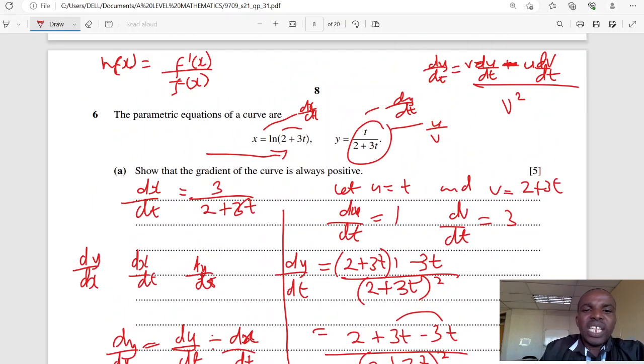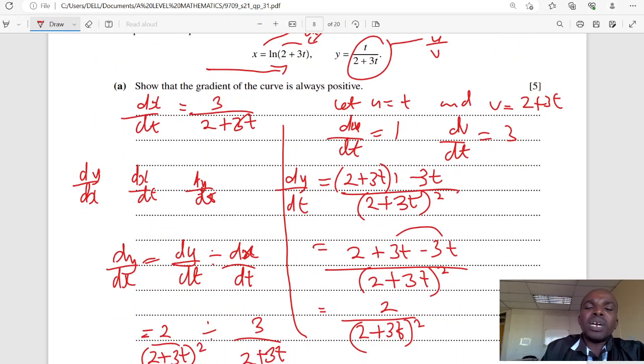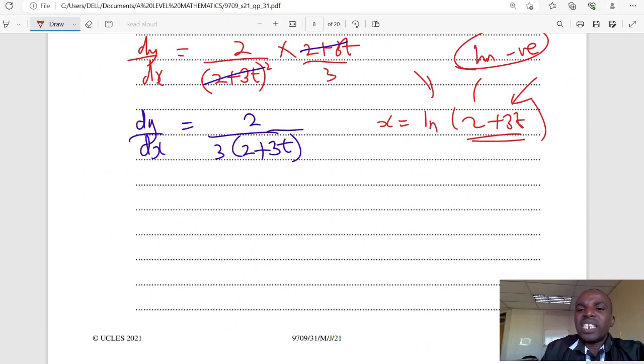They said show that the gradient of the curve is always positive. Because there's no ln of a negative number, it means inside here, 2 plus 3t, t must not be a number that will give me a negative value in this case, right?